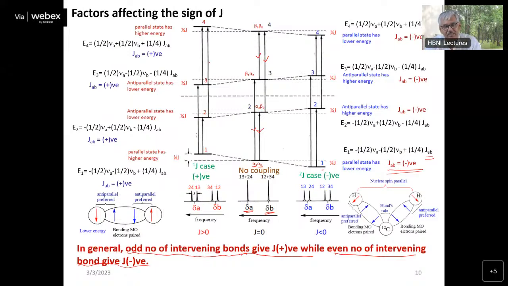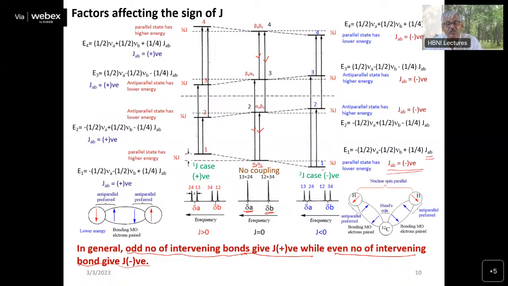You will see many cases there are substituent effects. Sometimes depending on the nuclei, let us say in case of fluorine, fluorine has I value plus half, or gyromagnetic ratio is positive.